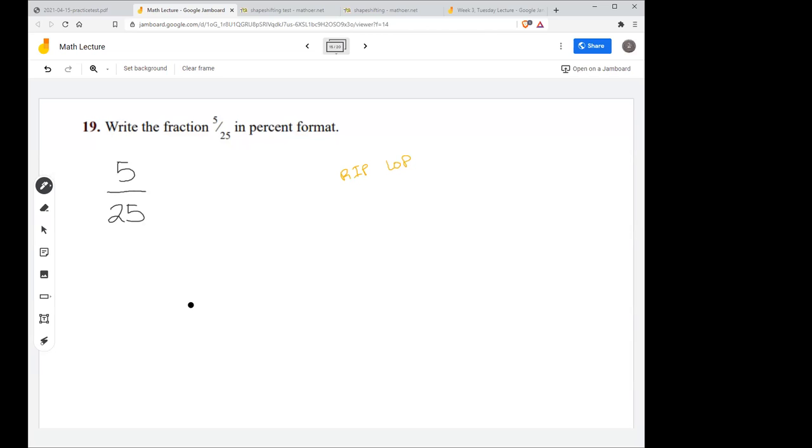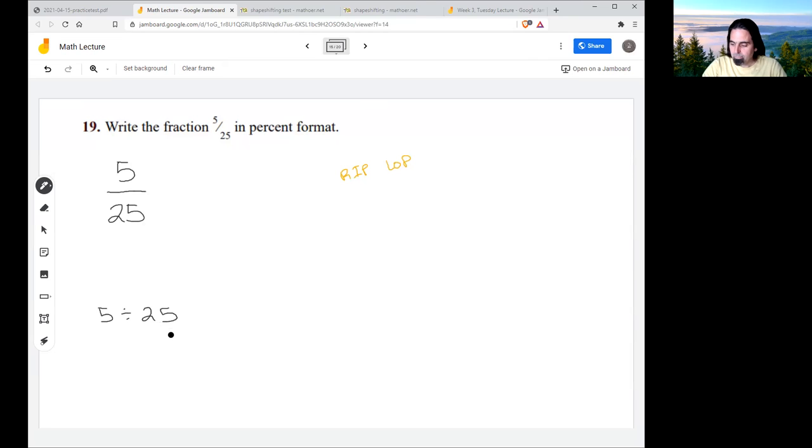Can you divide 5 into 25 and get a decimal and then make that a percent? Exactly. So I take 5 divided by 25. I get 0.2. Then I say I'm going right into percent. And that's 20%.